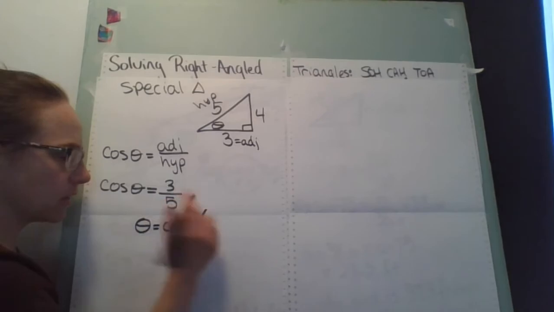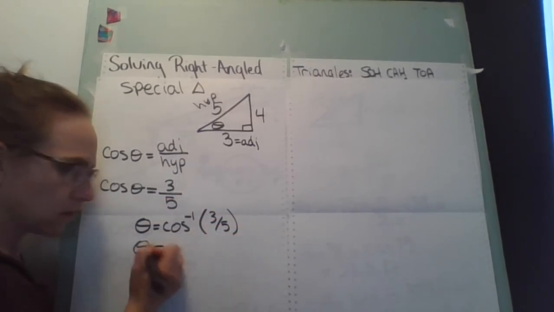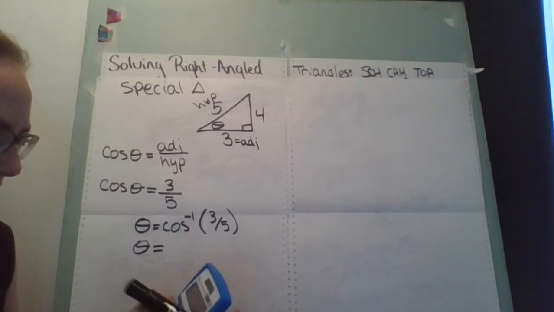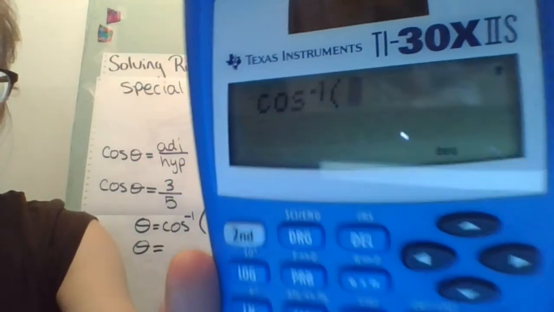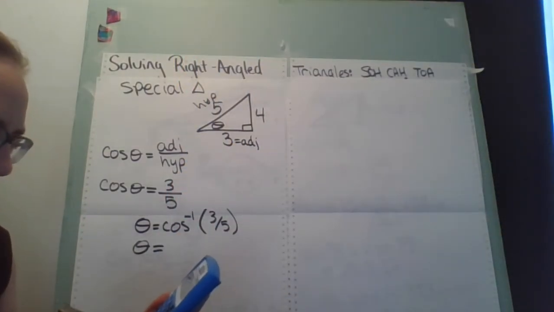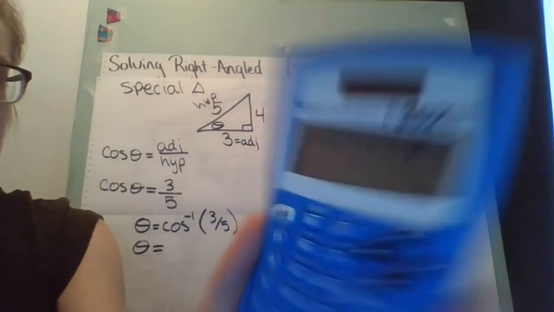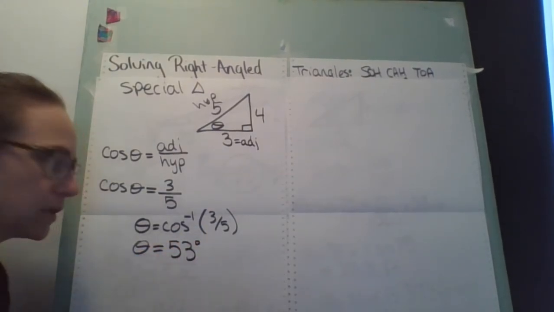And when you type it into your calculator, make sure you divide. So what does that angle equal? Let's see. Second function cos, you need that cos minus 1. 3 divided by 5. Close your bracket, people. Close your bracket. Equals... well, that's 53 degrees.